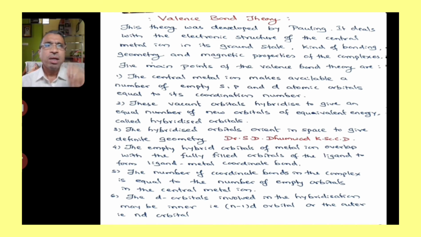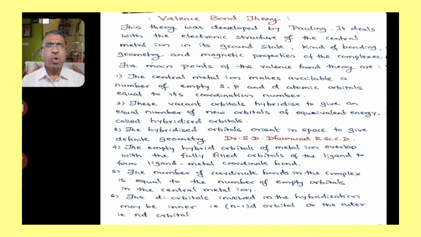Coming to the valence bond theory, this theory was developed by Pauling, and it deals with the electronic structure of the central metal ion in its ground state and the kind of bonding, and it also explains the geometry and magnetic properties of the complexes.